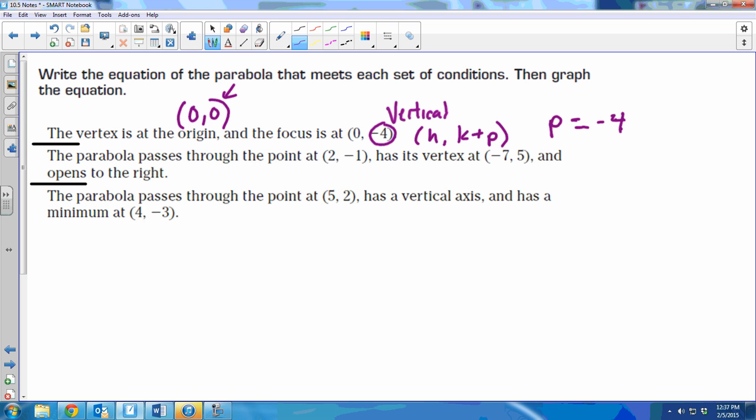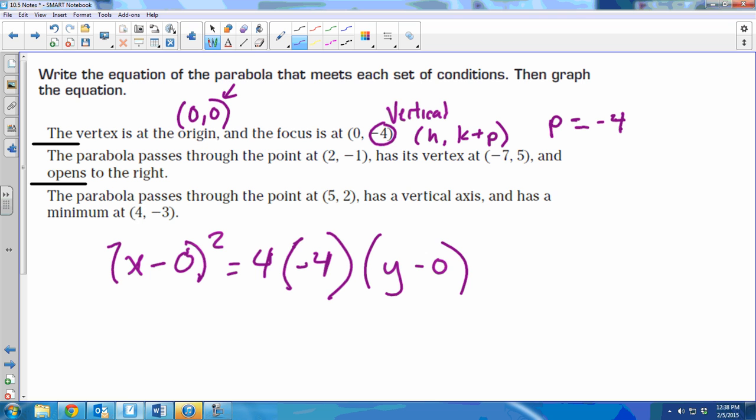Now, once you have those 3 things, the vertex, p, and horizontal or vertical, you can go back and write the equation. This is vertical, so x comes first. So x minus 0 squared equals 4 times p. Well, we know p is -4. And then y minus 0. Simplify that really quickly.